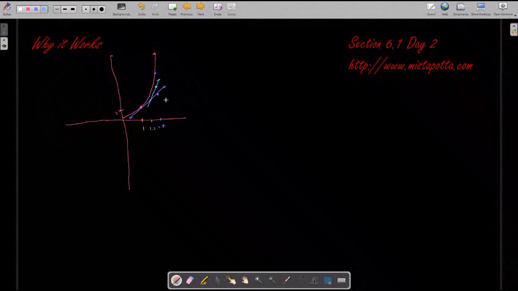I'm kind of using tangent lines that follow the contour of my curve. And this is why Euler's method works. The more delta x's that I use, in other words, the more refinements that I make to make my tangent lines contour more and more to the curve, the closer my estimate's going to be.